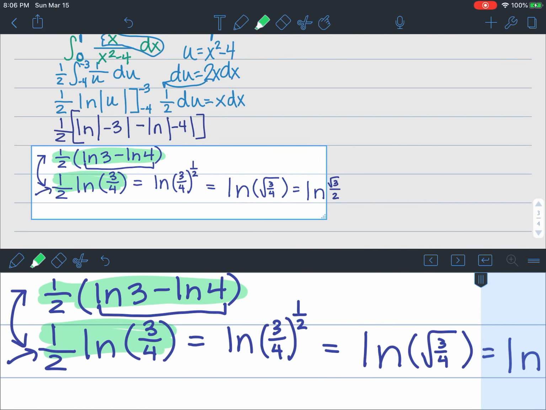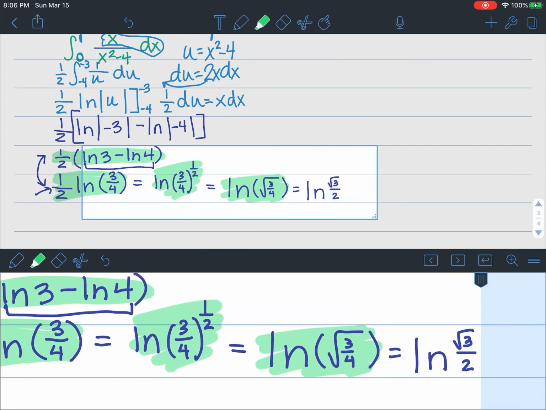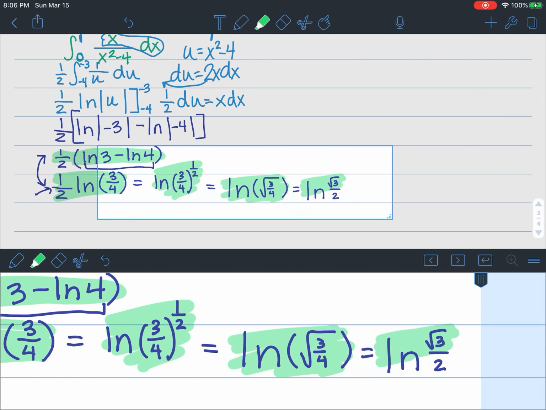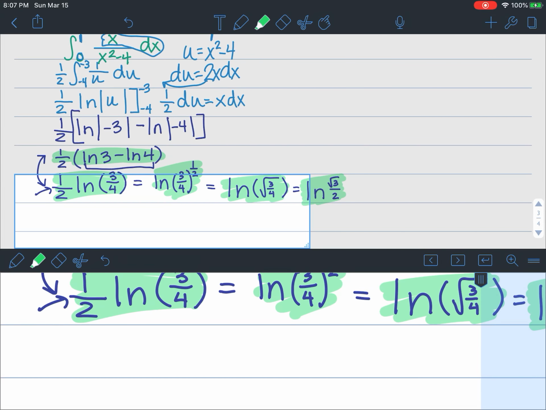This here is equivalent to this, which is equivalent to that, which is equivalent to that, which is equivalent to this. Now, I can totally see the AP people putting any of these in as the multiple choice answers, so beware.